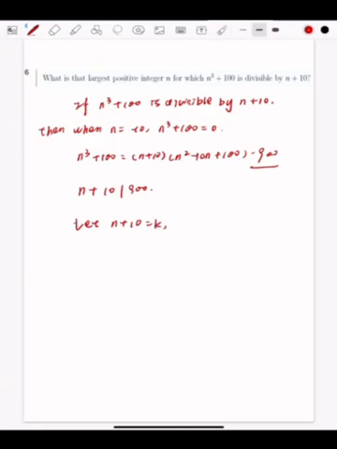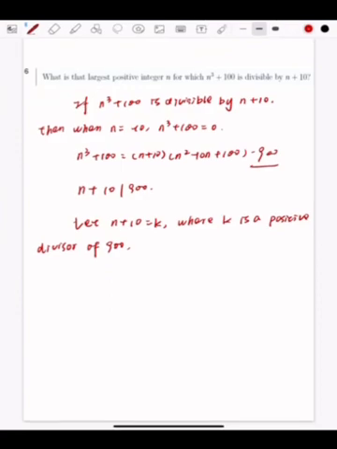We know here k is a positive divisor of 900. Okay, I can write it here. Right, and since n is also positive, we know k is always bigger than 10, and we want to find the largest positive n, so we need to find the largest positive divisor k of 900, right?